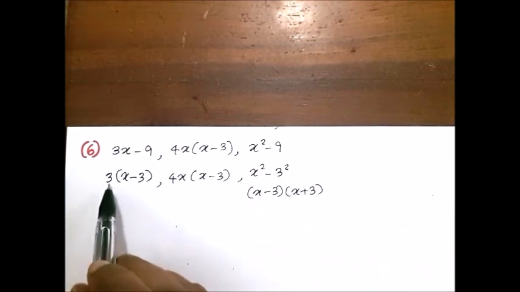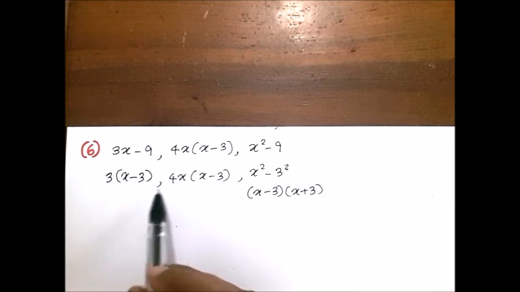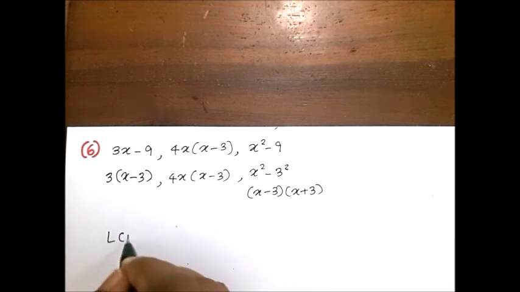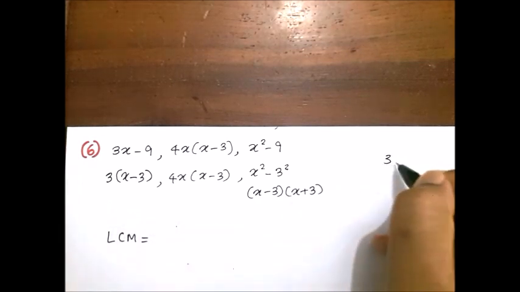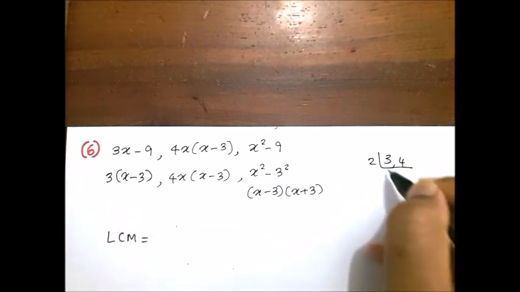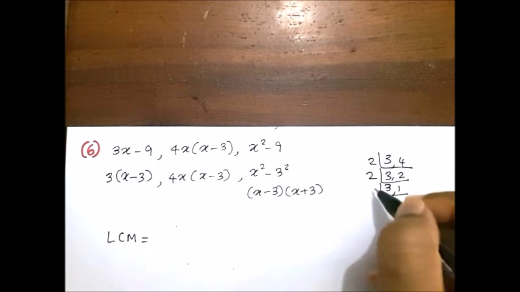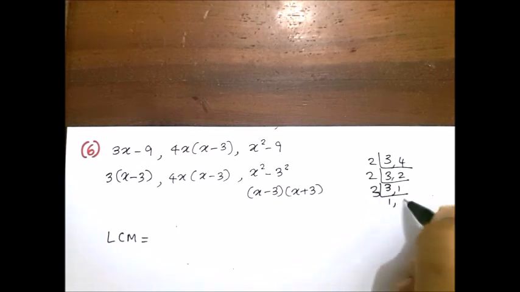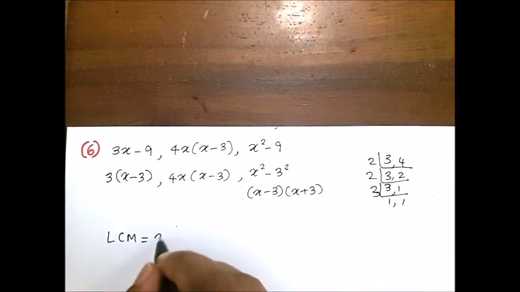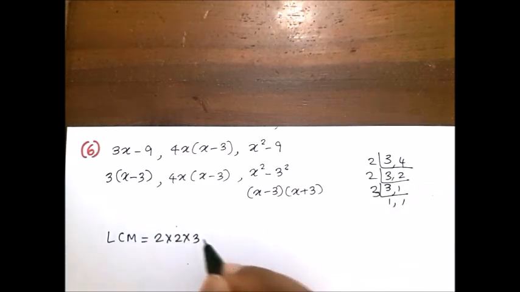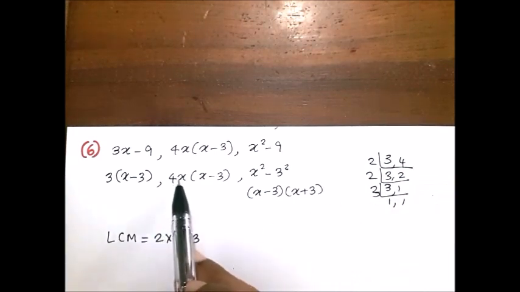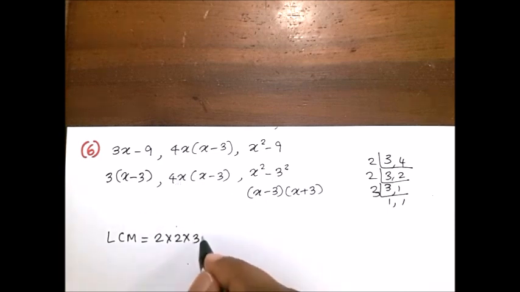Then here numbers are 3 and 4. What is the LCM of 3 and 4? 3, 4, divide by 2. 2 multiplied by 2 multiplied by 3. Then take the x term, x.